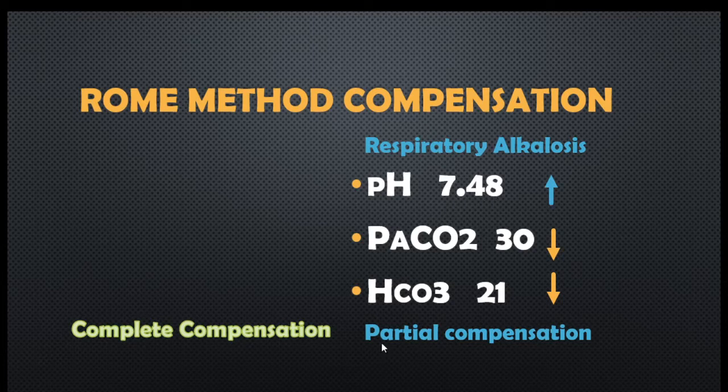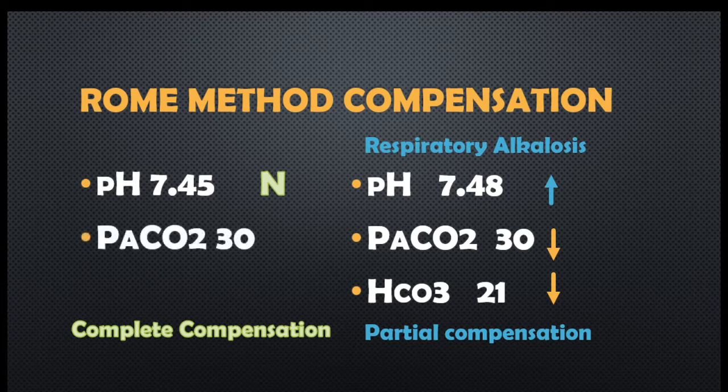Okay, next. For example, this one has a pH level of 7.45, so it means there is compensation there because the pH is normal. PaCO2 30, this is decreasing, and HCO3 level 21, this is also decreasing.